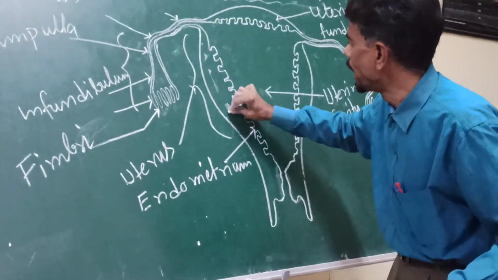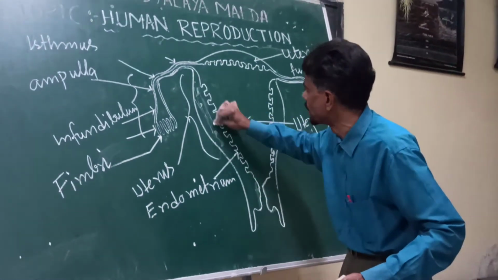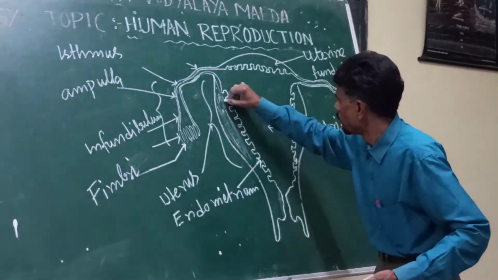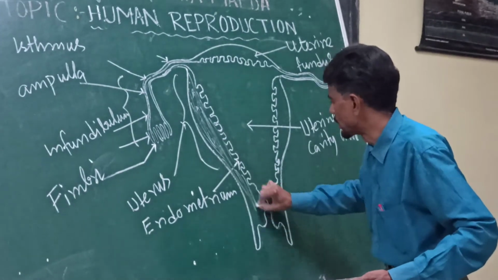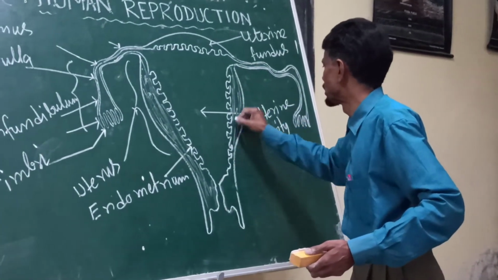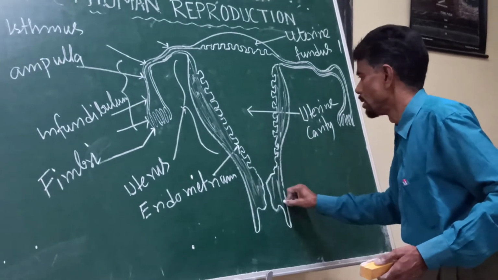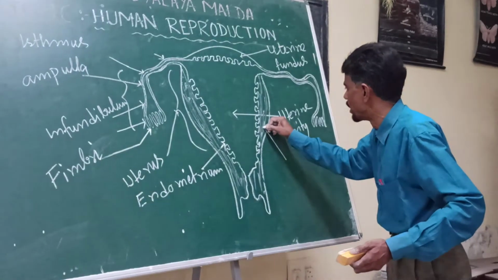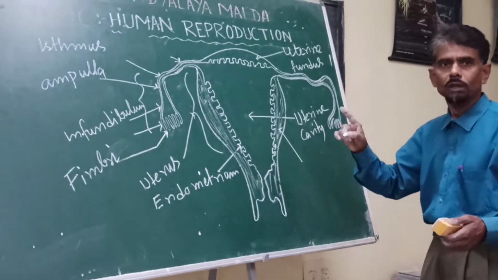And middle highly muscular. Middle, just follow my labeling. This highly muscular part is called myometrium, middle layer. This is the middle layer of uterus.